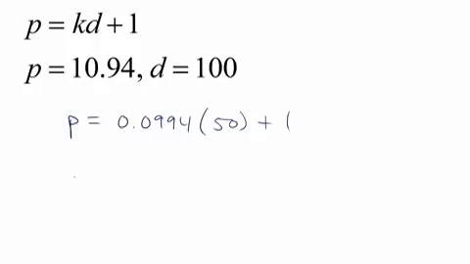And we do the arithmetic, and we get P is equal to 5.97. Therefore, the pressure at 50 meters is 5.97 atmospheres.